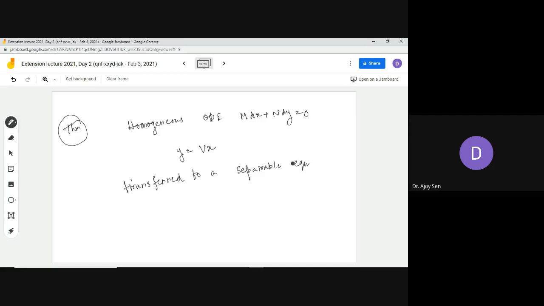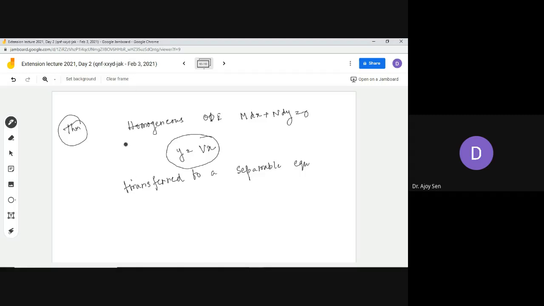So if you have a homogeneous equation and you do this type of substitution y equals vx, then these homogeneous equations can be transformed to a separable equation, and you know how to solve a separable equation because for a separable equation it is very easy to find the integrating factor. I have told you, so this kind of equation can be very easily solved.